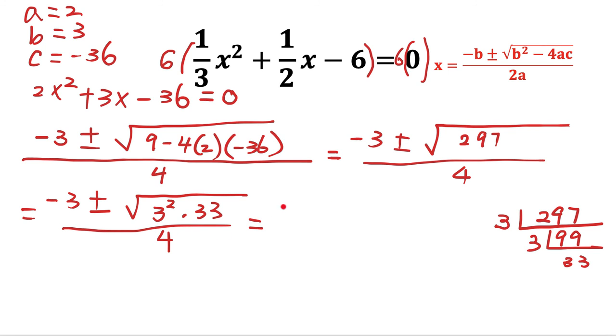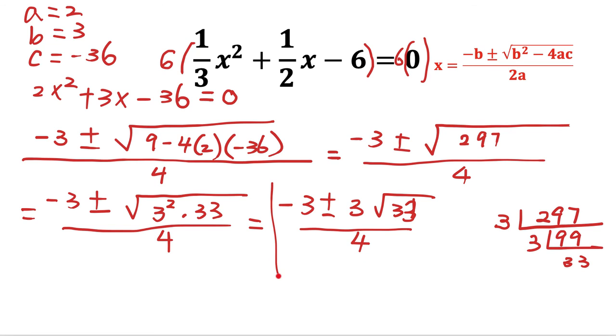Then again, equal to negative 3 plus or minus 3 out, square root of 33, over 4. So the answer would be negative 3 plus 3 square root of 33, or negative 3 minus 3 square root of 33, over 4. This will be the final answer.